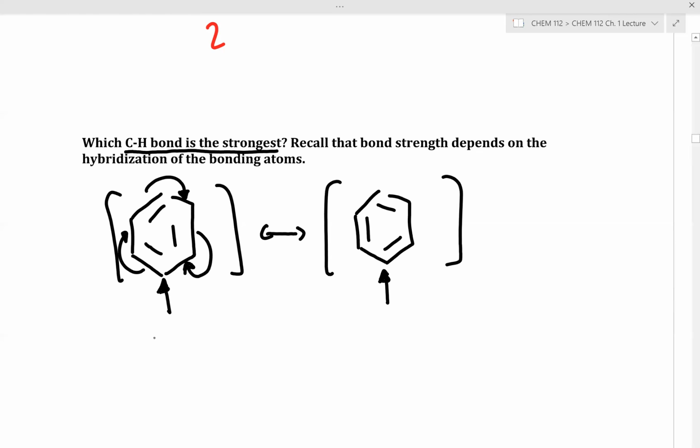Yep. And if we've established that all of our carbon atoms are equivalent in terms of carbon-carbon bond order, would you expect all of our carbon-hydrogen bonds to be equally strong? Yeah. So all of our carbon-hydrogen bonds are identical.